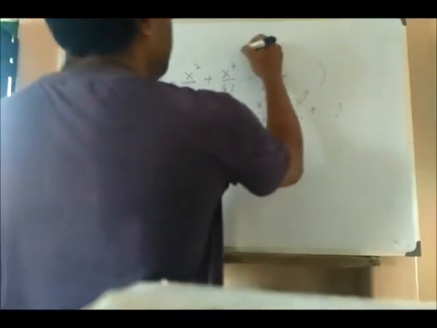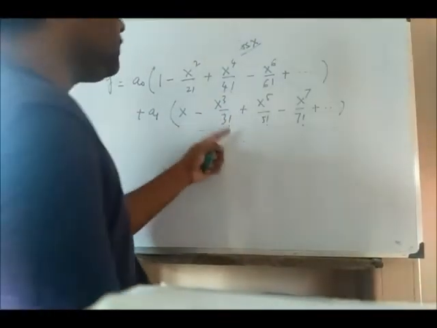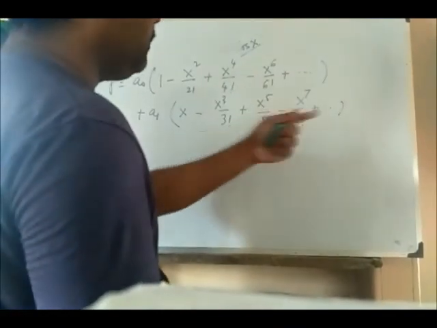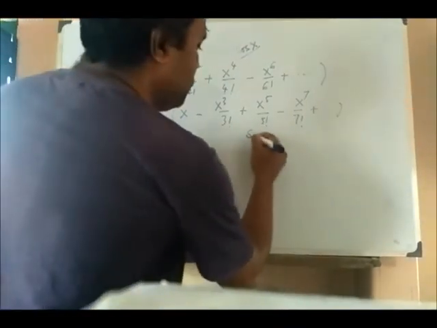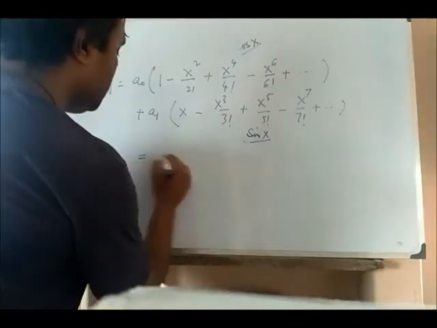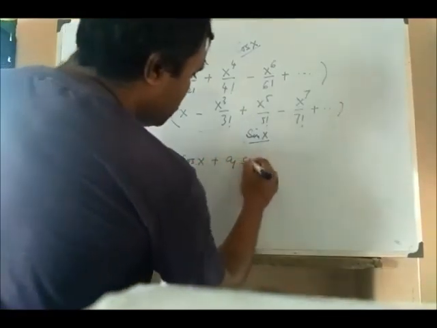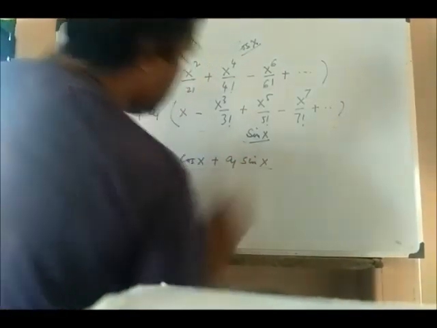This is obviously cos x, and the term x minus x cubed by factorial 3 plus x to the power 5 by factorial 5, this is obviously sin x. So we will get the desired equation: a0 cos x plus a1 sin x.